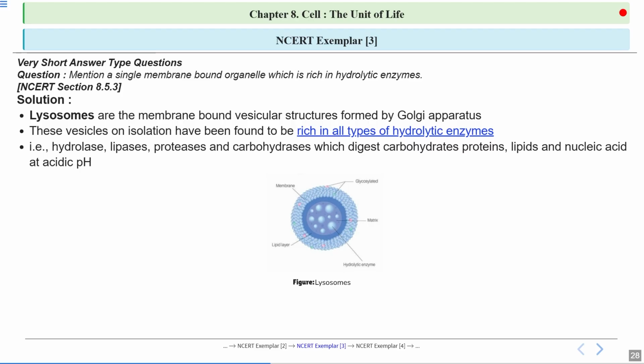Lysosomes are also known as suicidal bags of the cell. Okay, clear? Lysosomes consist of hydrolytic enzymes. They can hydrolyze biomolecules also. These lysosomes can digest the damaged cell as well.